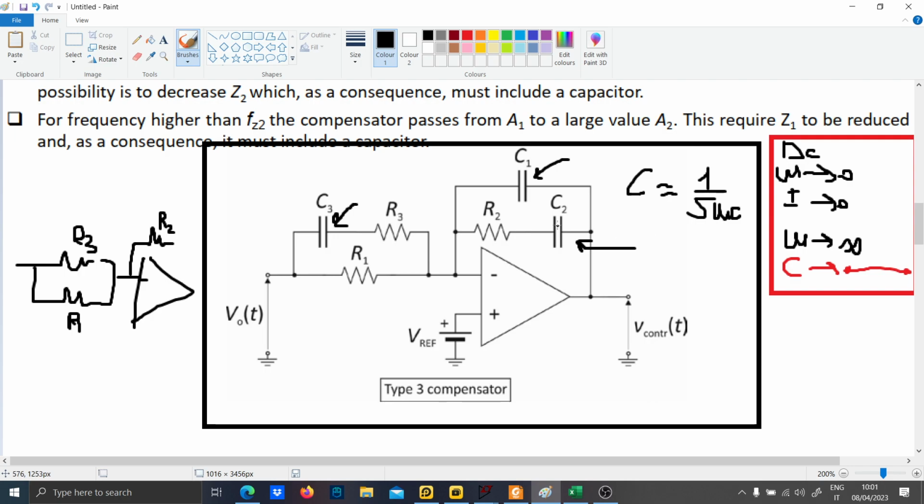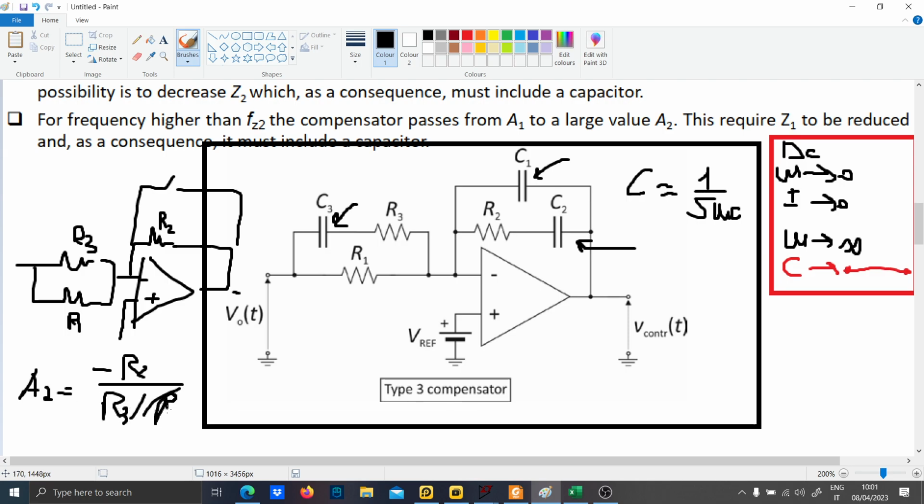Also C2 will be a short, and C1 will be an open. And so, as you can see, the circuit behaves like a PI, like an integrator, and the gain A2 will be equal to minus R2 over R3 in parallel with R1.